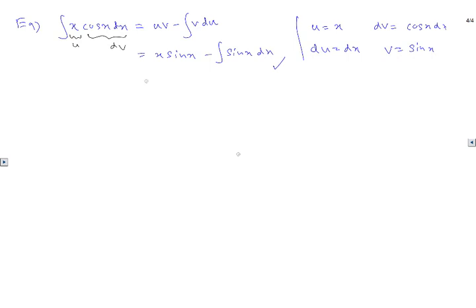This is an easy integral, so that means x sine x minus the integral of sine x. The integral of sine x is negative cosine x plus c. So you're going to get x sine x plus cosine x plus c.